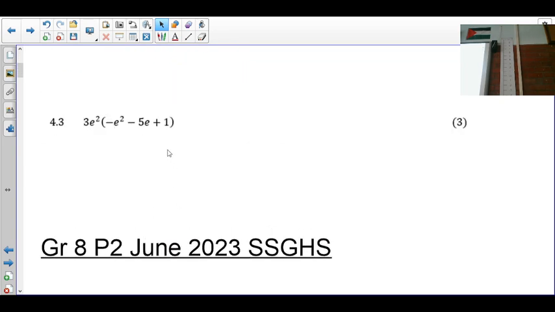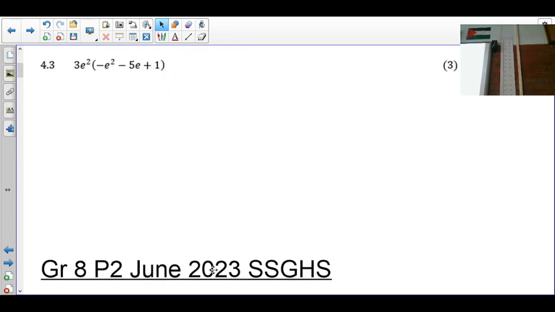The next one, people, many of the scripts are marked wrong. You guys have added inside that bracket. Why can't we add those 3 terms inside the bracket? Unlike terms. We get rid of the bracket by multiplying out. So 3e squared times negative e squared is negative, positive, of course. 3 times 1 is 3, e to the 4.